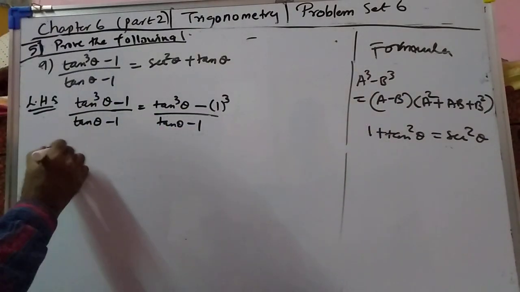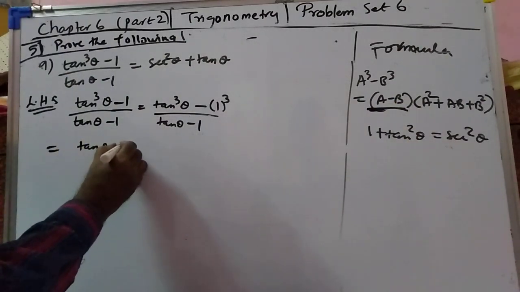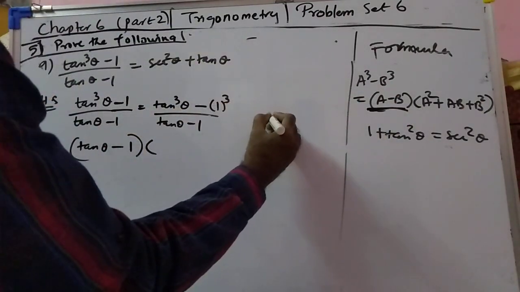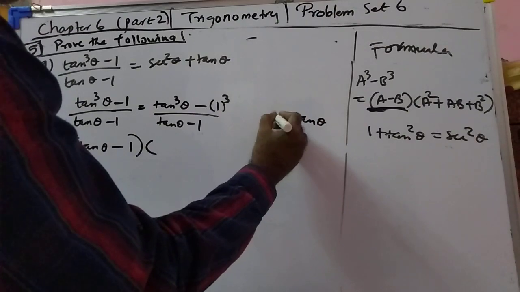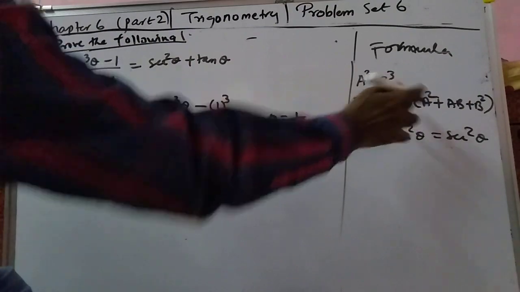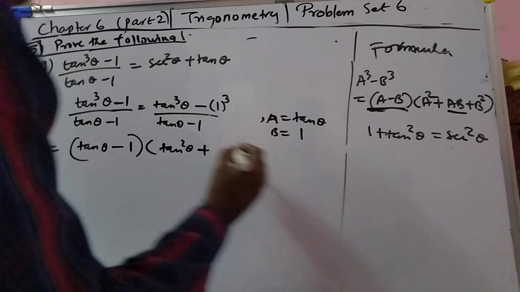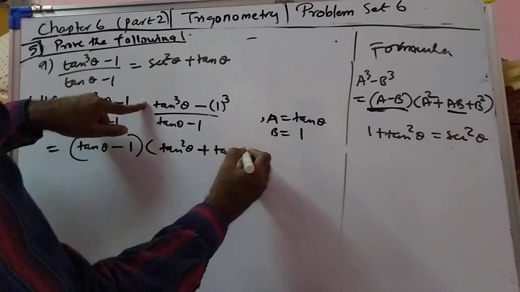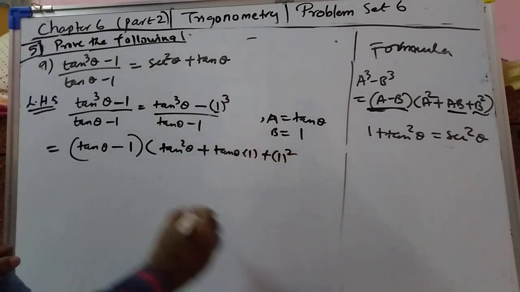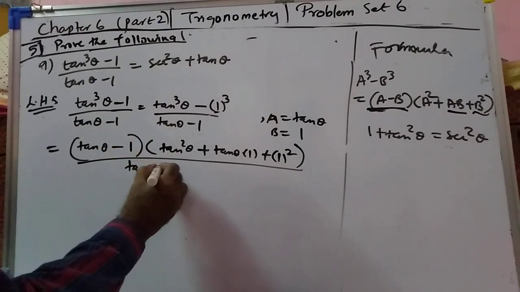So that will become (a minus b), a square, where a is equal to tan theta, b is equal to 1. Apply this formula. And here a square will become tan square theta, and ab is tan theta into 1, plus b square is 1 square, upon tan theta minus 1.